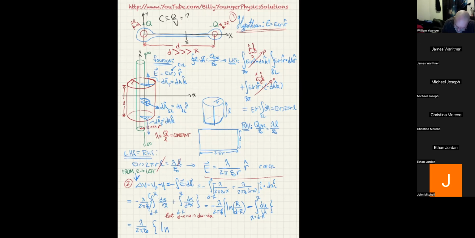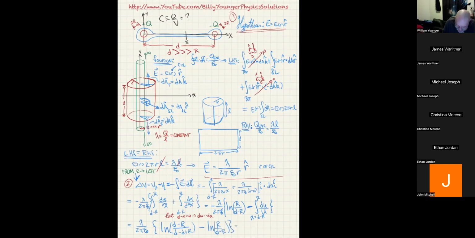So the ln of d minus x when x is r is d minus r. And the ln of d minus x when x is d minus r is d minus d plus r. So d minus d plus r is what happens with that one. And then over here, I get a minus ln of r over d minus r.